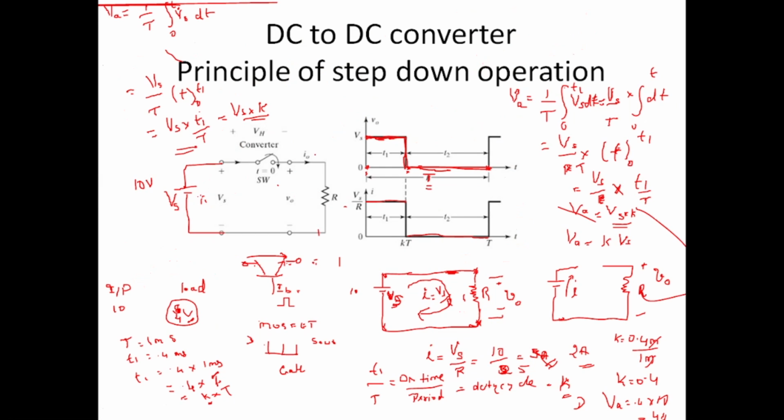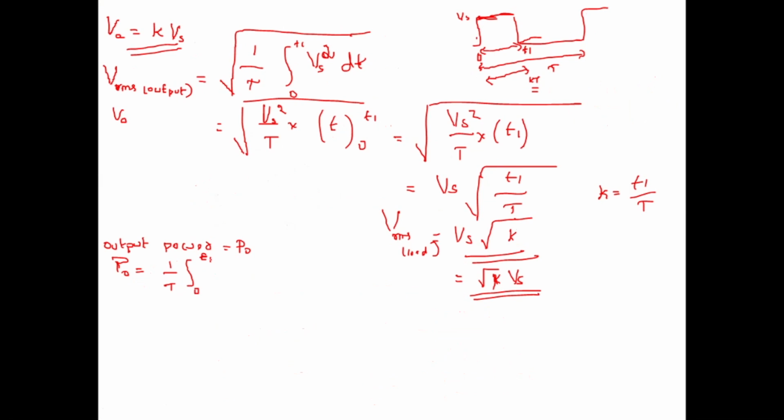So what is the voltage waveform? The voltage waveform has a value Vs from 0 to T1. The current waveform also has a value Vs by R from 0 to T1. So that's the reason only from 0 to T1 we have non-zero values. We write the instantaneous voltage value and the instantaneous output current, because we are calculating the output voltage and output current.